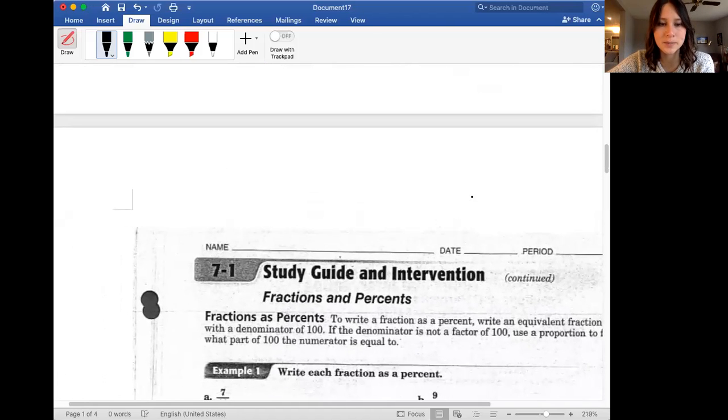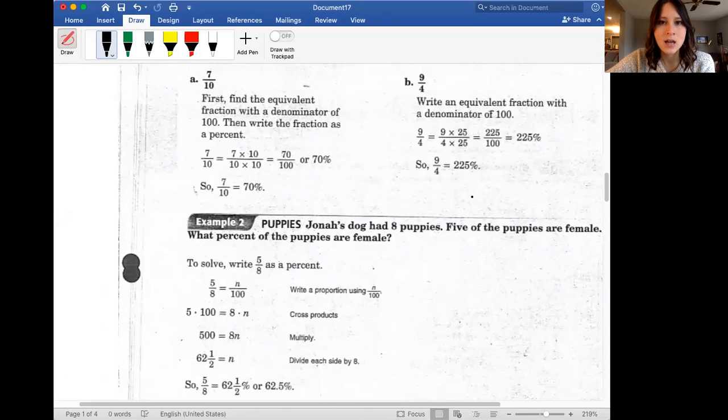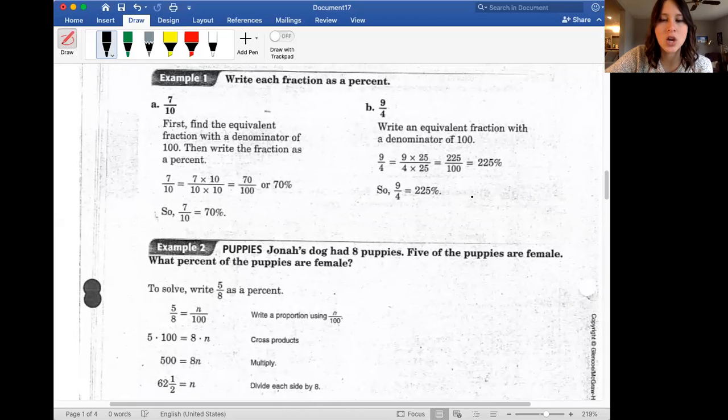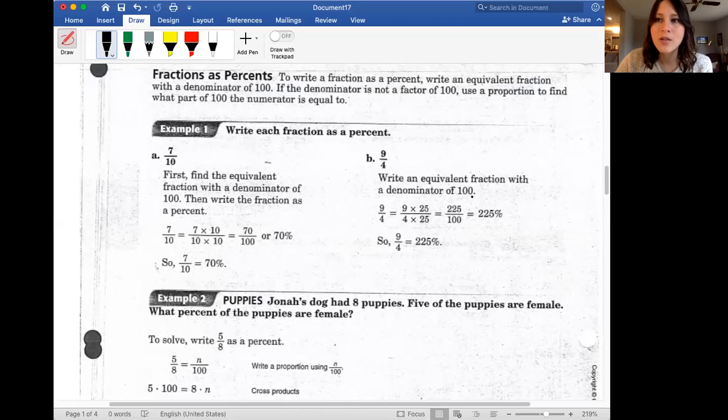Okay, taking a look at the back of the study guide. Now we're turning the fraction into a percentage. So we know that a percentage is really a fraction out of 100, where the denominator is 100, which means if we want to turn a fraction into a percentage, we just want to make sure that we can turn our fraction into something out of 100, and we can multiply an amount to do that.